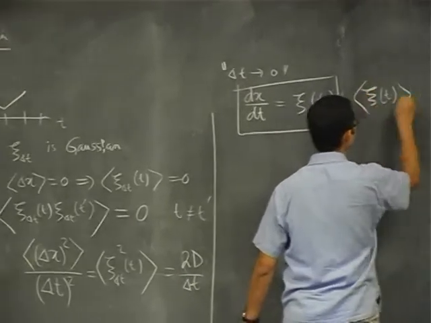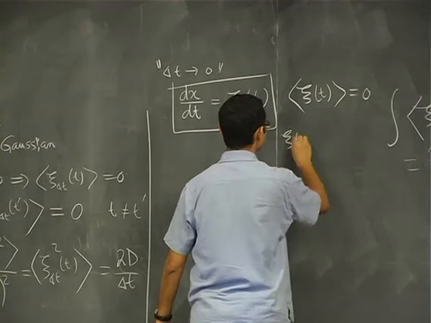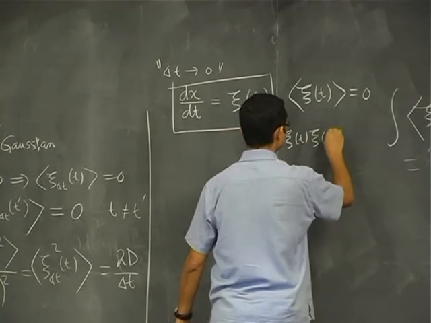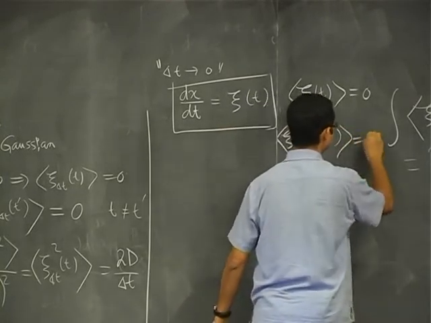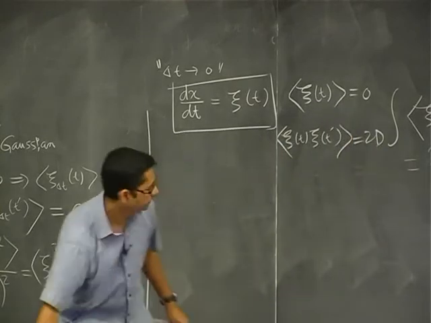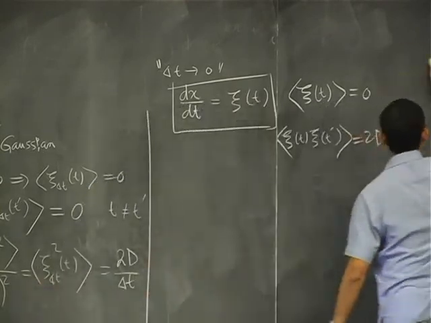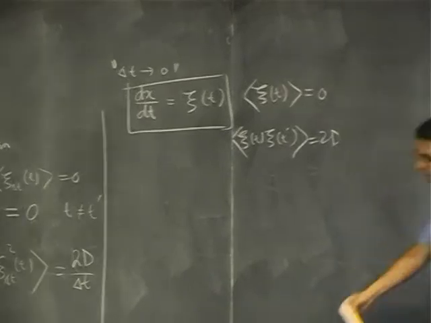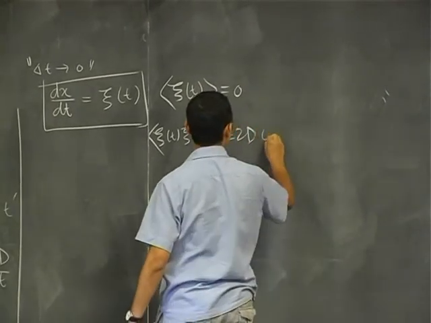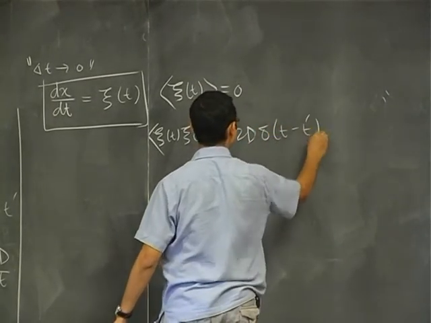So, the average of eta of t, eta of t prime is equal to 2d times delta(t minus t prime).